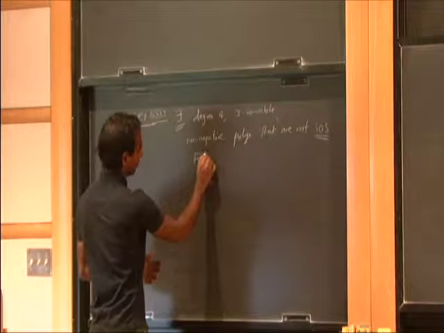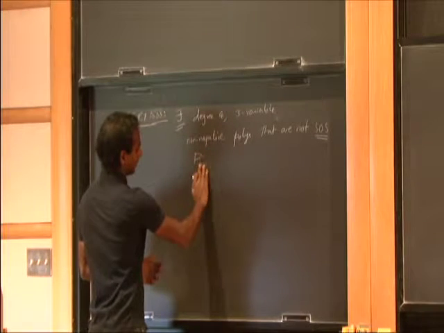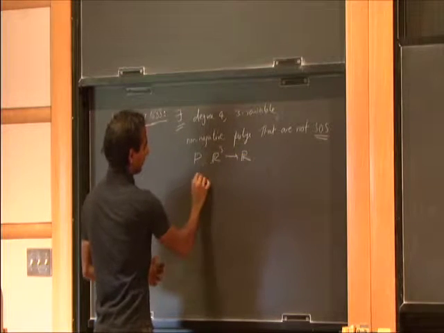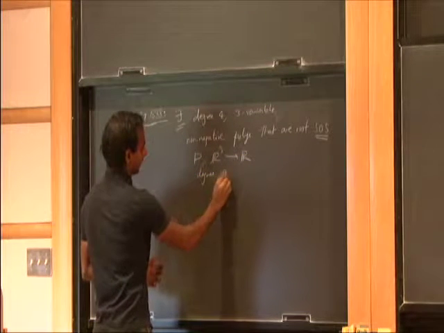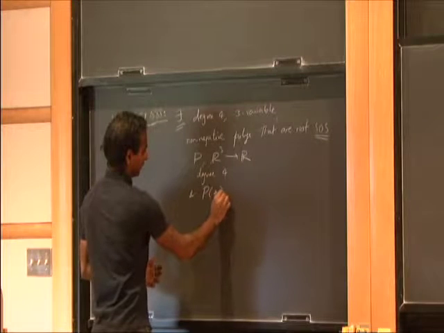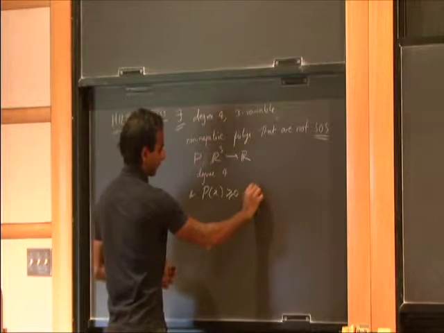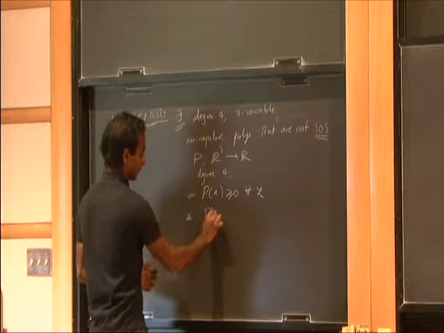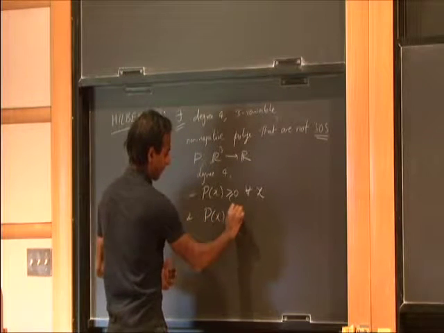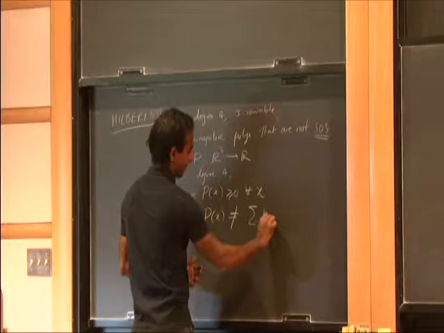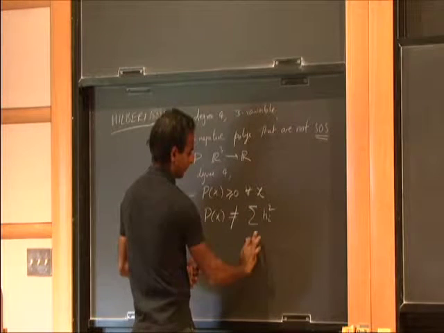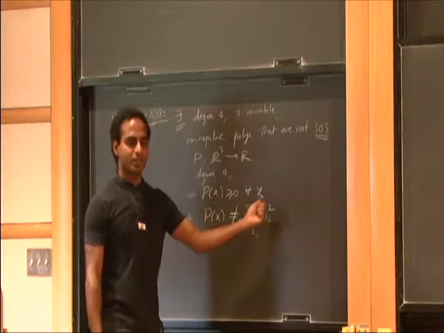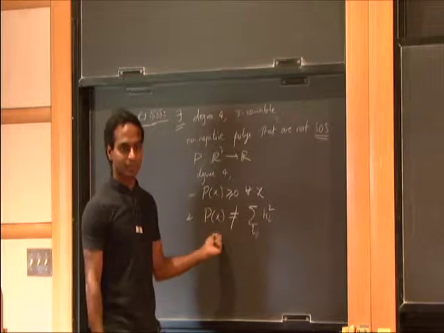There exists a polynomial p, which is from R3 to R, degree 4, and so if you take any finite number of polynomials and take the squares, you cannot recover p from them.